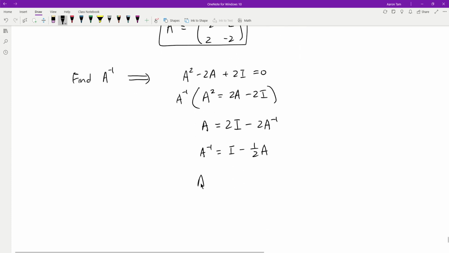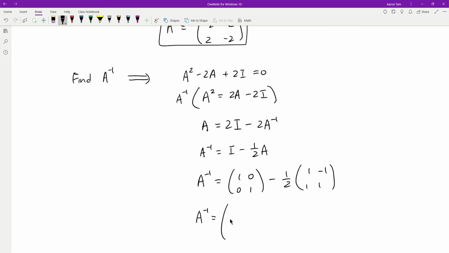Now I can simply put in I, which is [1, 0; 0, 1], and then plug in A, which is [1, -1; 1, 1], with a negative 1/2 in front. I will now be able to find that A inverse is [1/2, 1/2; -1/2, 1/2].